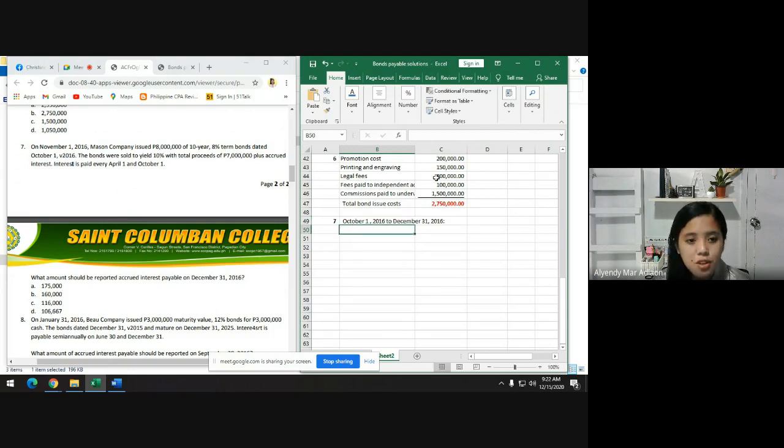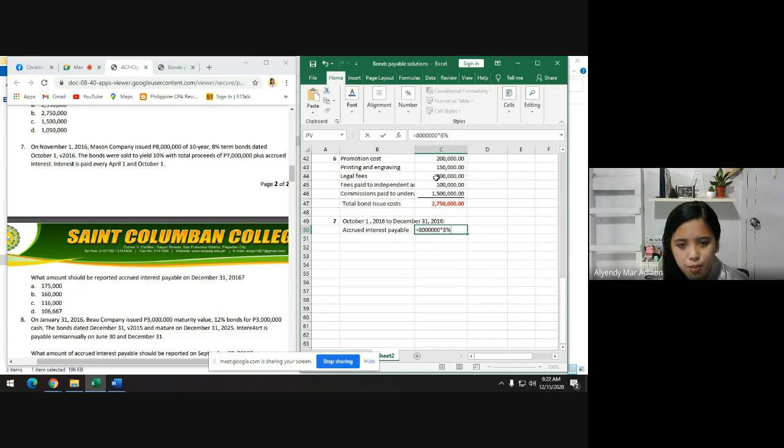Okay? So that would be accrued interest payable. So that would be 7 million, not 7 million, but the face value is 8 million multiplied by 8%.